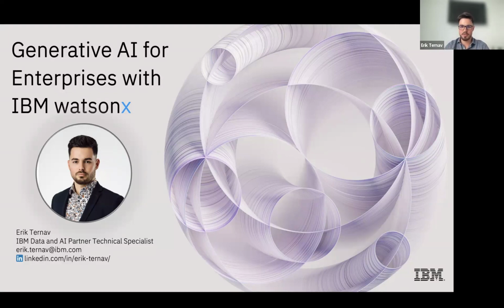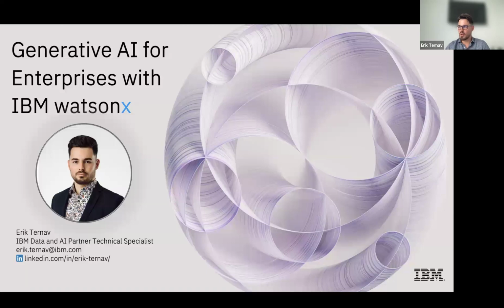Now, a couple of words from my part, sort of like an introduction for the beginning. My name is Erik Ternav. Where I work is IBM Slovenia. I'm currently located in Ljubljana, and I have, let's say, 2.5 years experience with generative AI, so pretty much ever since the technology was introduced, more or less.